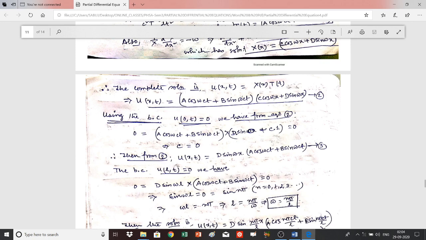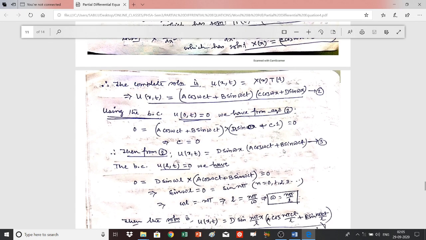The first term gives C into 1, and the second term gives D into 0. So from here C = 0. Now the solution takes the form u(x,t) = (A cos ωct + B sin ωct) D sin ωx. Okay, this is equation number 3.